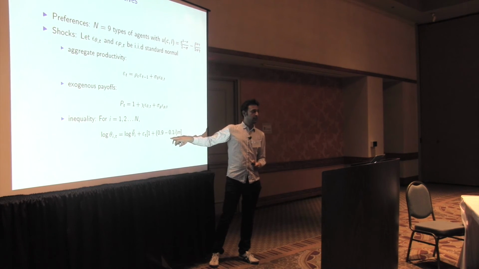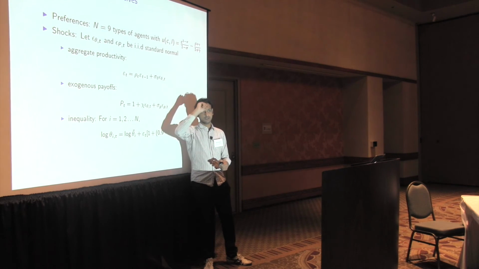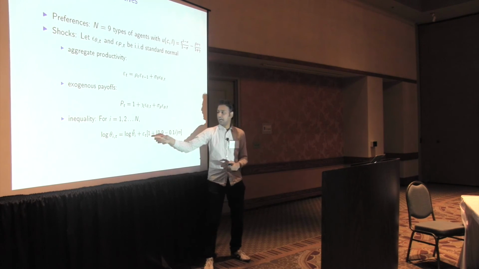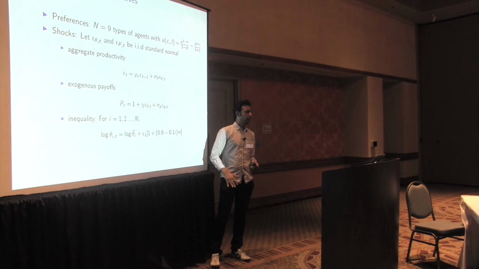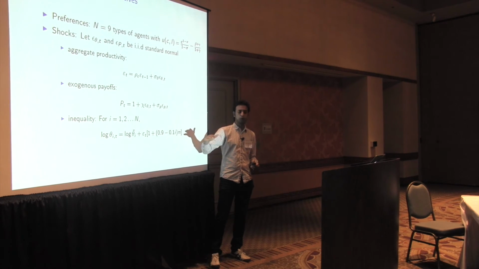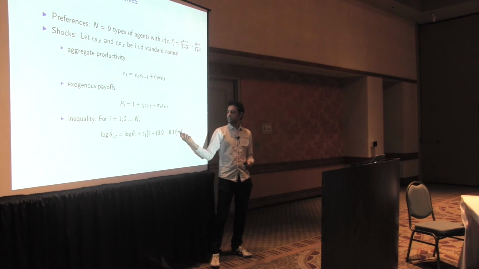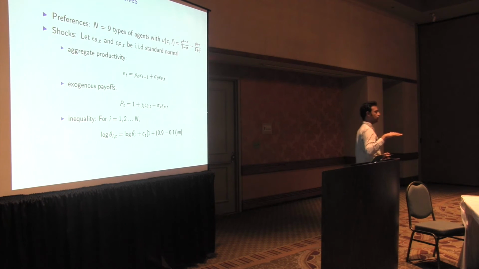For individual agents' productivity, there's going to be a constant which is indexed to agent i. That's the average productivity, and then agents are going to move. The productivity of all agents is going to move around as the economy goes through booms and recessions, which is this productivity shock.